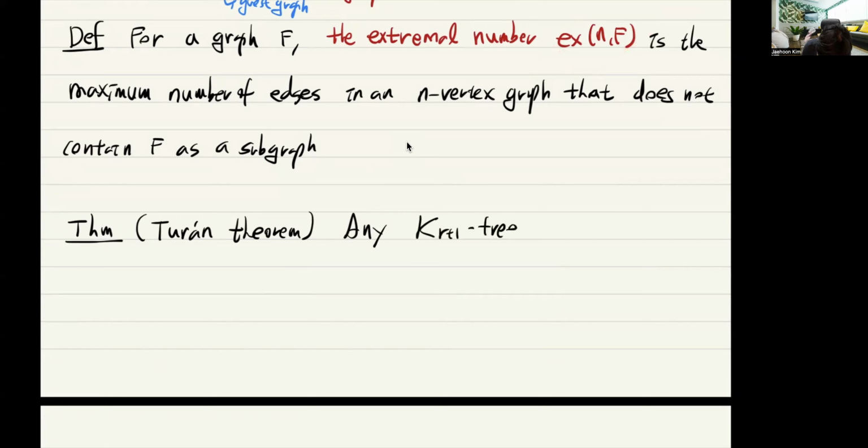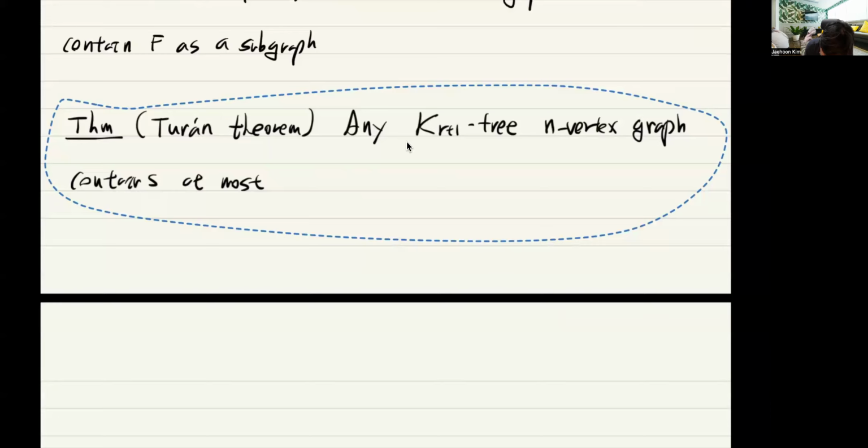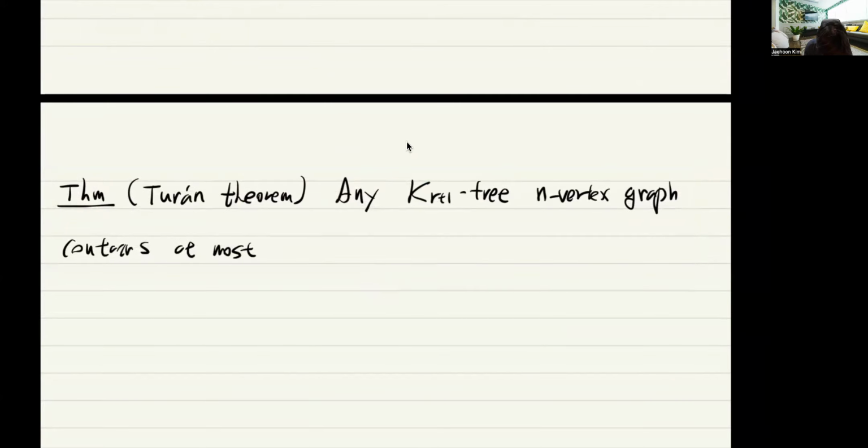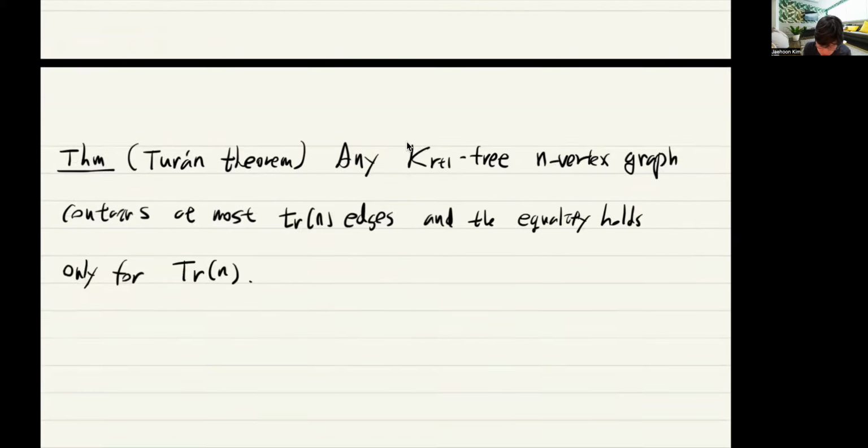If you have an n vertex graph that does not contain K sub r plus 1, then it has at most t sub r of n edges, and I will explain what it is, and the equality holds only for capital T sub r of n.